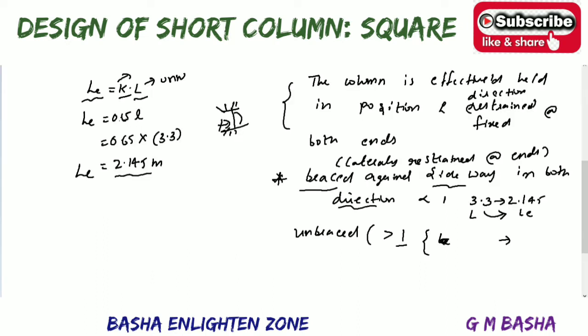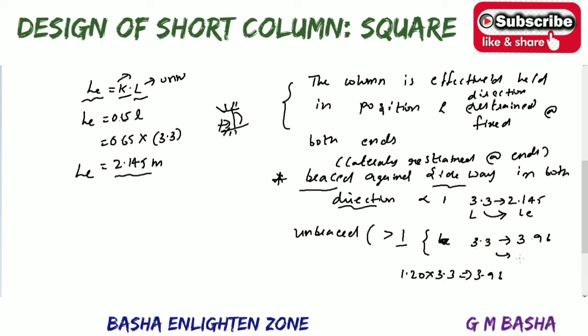At that time, 1.20 into 3.3, you will get 3.96. So your effective length is 3.96 and the unsupported length is 3.3.